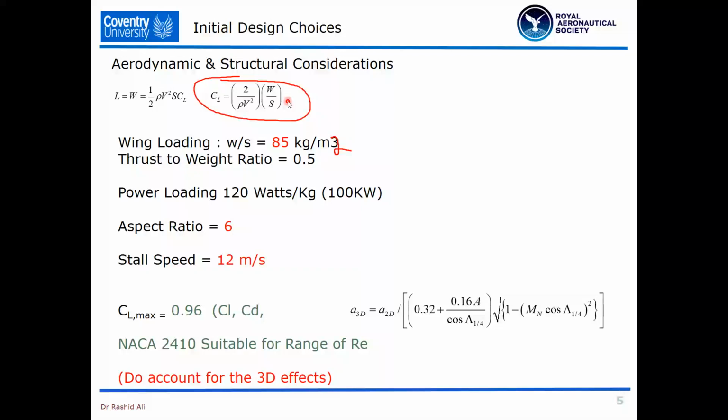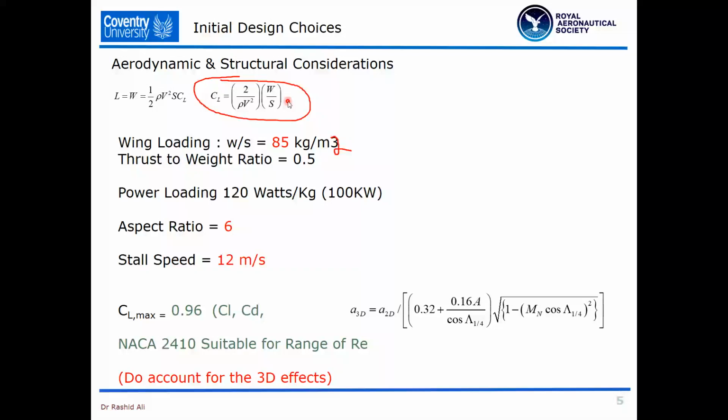So if I look at the airfoil tools, it transpires that the NACA 24 series, 2% camber, thickness at 40% maximum, with 10% thickness overall, gives me a CL max of around 1 or just over 1. So that would be a reasonable choice.